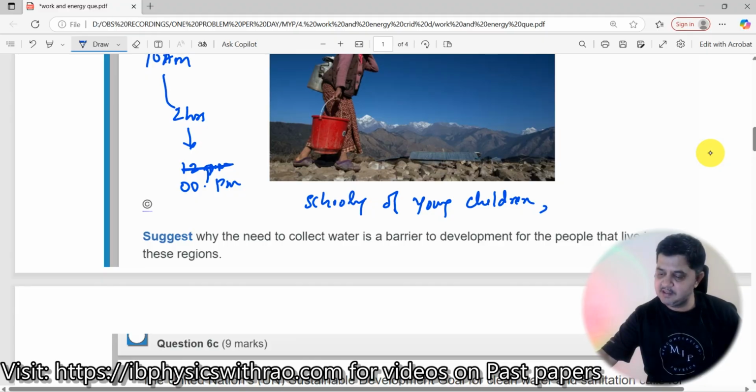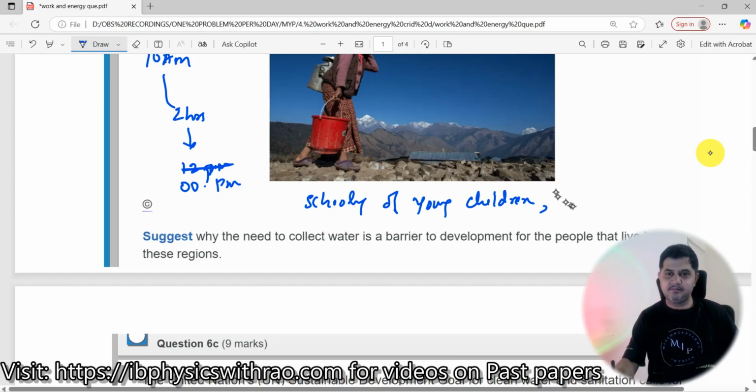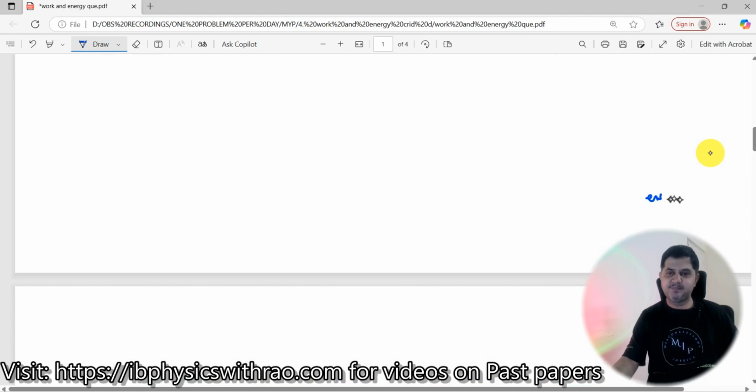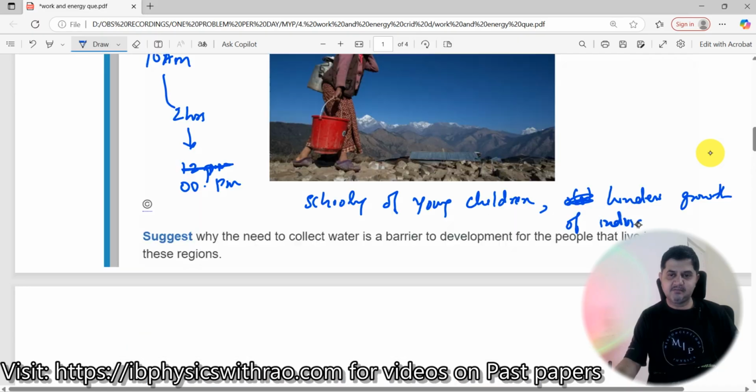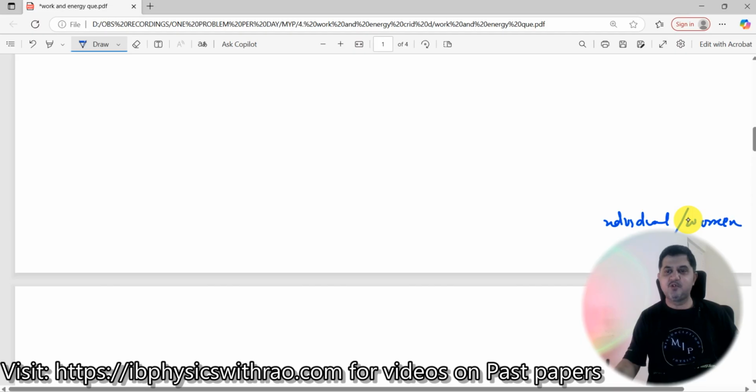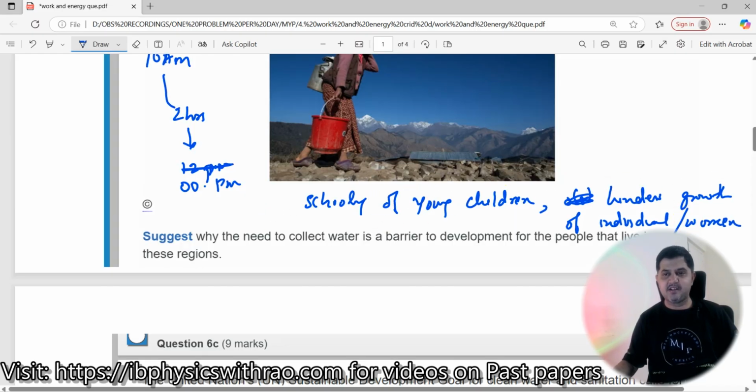You can also say it obstructs or hinders the growth of individuals. You can mention that.